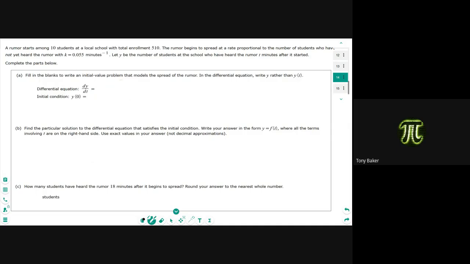So we've got k. What is the equation for this? So how many students know about it right at the beginning? Okay, so y of 0 has got to be 10, right?